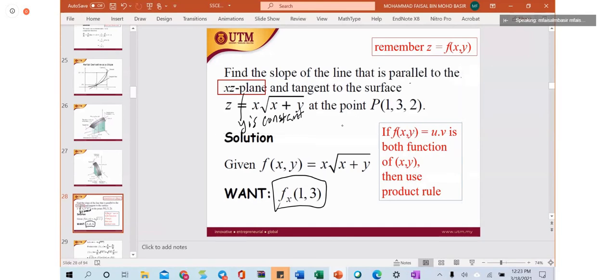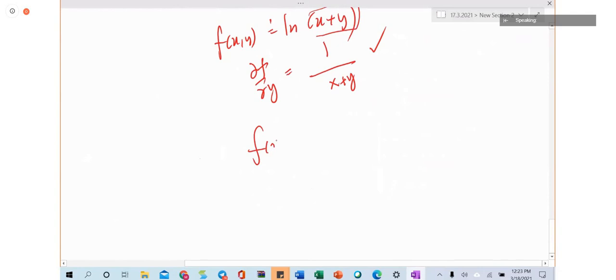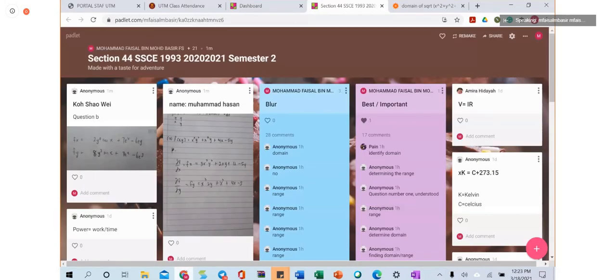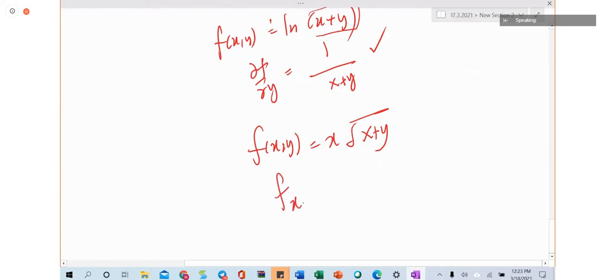You can let this be f(x, y), which is x square root of x plus y. So if you differentiate with respect to x, you have to do the product rule.